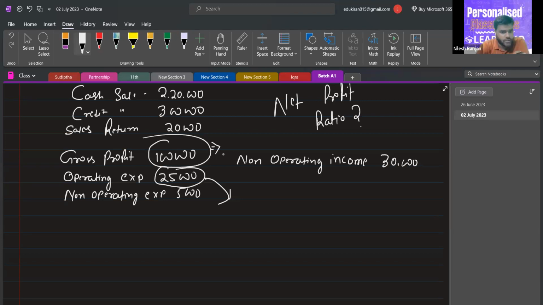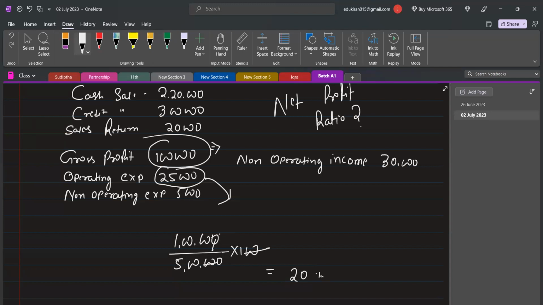So if you got same net profit, then the ratio will be 1 lakh divided by 5 lakh into 100. So you will get 20%.